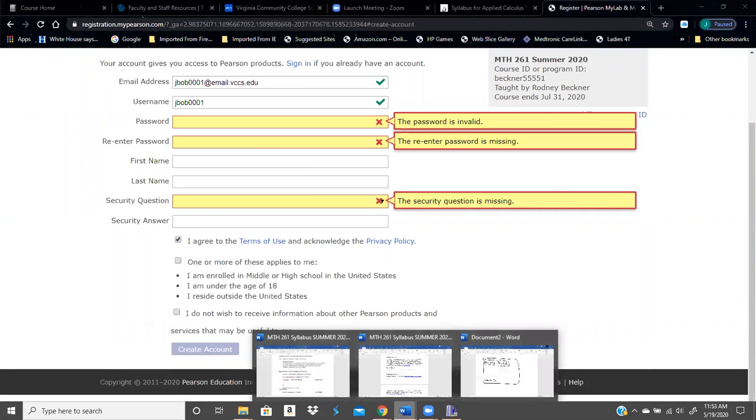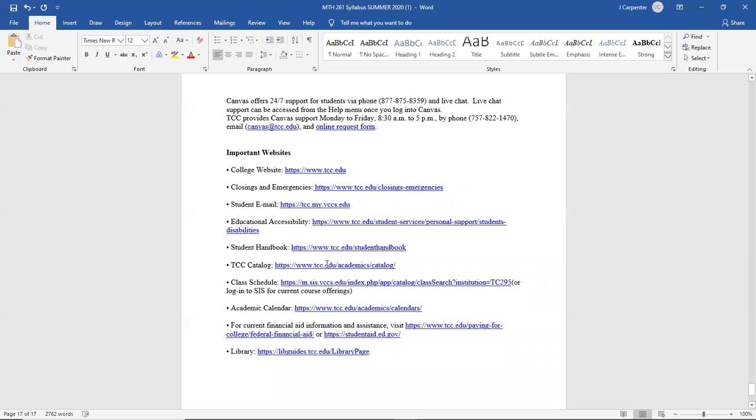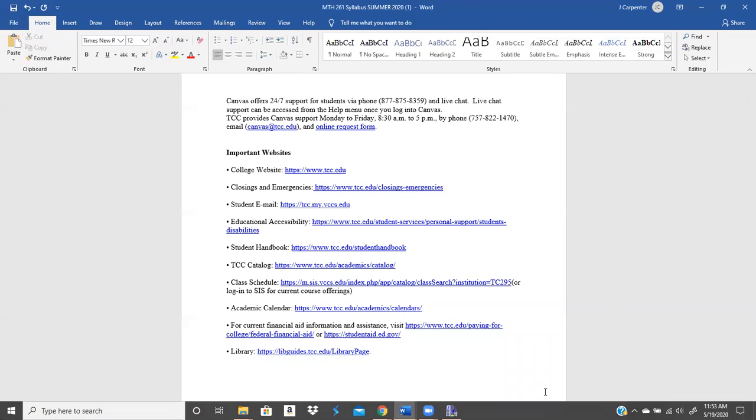Back to the syllabus. Already an hour in. I'm going to check your emails every business day. If I know I won't be able to teach a class ahead of time, I will email you and let you know in advance. If I wake up and I feel ill, since our class starts at 11, fortunately, I should be able to get a message to you by then. I would also change what it says in Canvas.